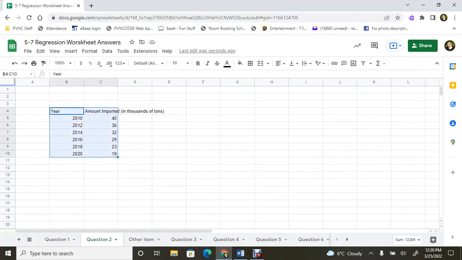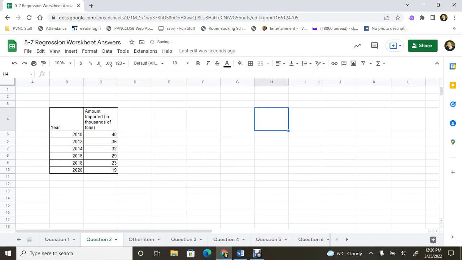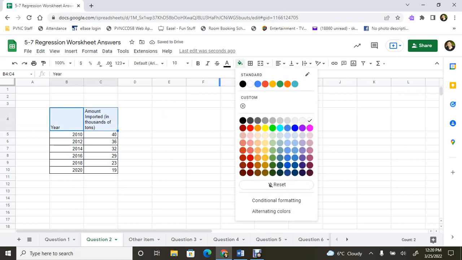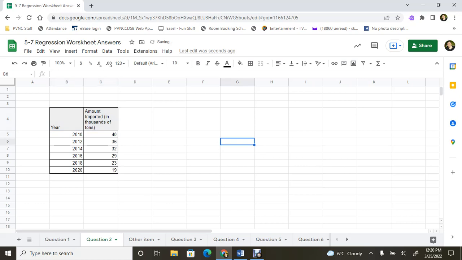We'll put borders around here. We can wrap this text, so we're going to find the text wrap here. So it looks like that, and we'll shade in the top here, put a nice light gray shade.